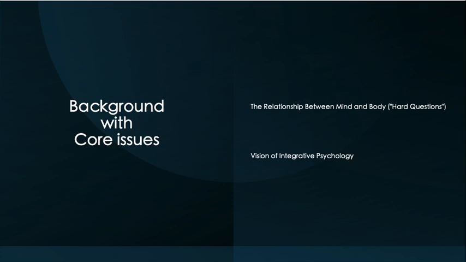Wilber points out that contemporary discussions about the nature of consciousness often face the hard problem: how to explain subjective experience and conscious phenomena at the neuroscientific and material levels.